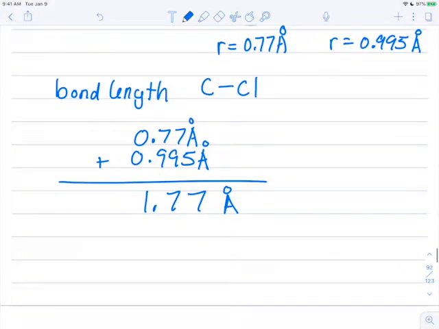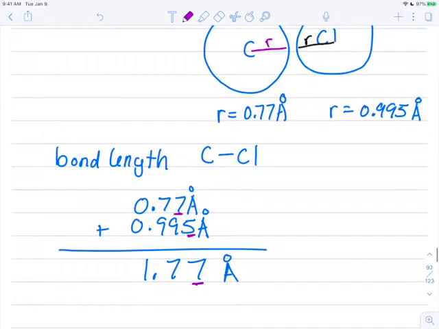Notice because we're doing addition and subtraction, we're using our addition-subtraction rule. And what that means is that we're counting digits after the decimal. So 2 digits after the decimal, 3 digits after the decimal, we go with the smallest number, which is 2 digits after the decimal. All right, questions on anything I did here to get that bond length between the carbon and the chlorine?